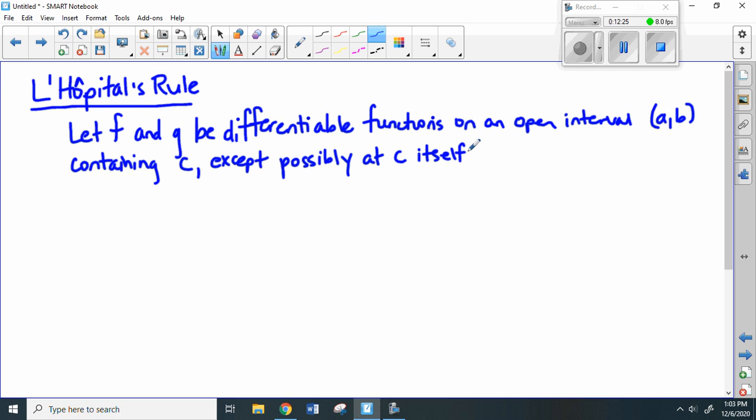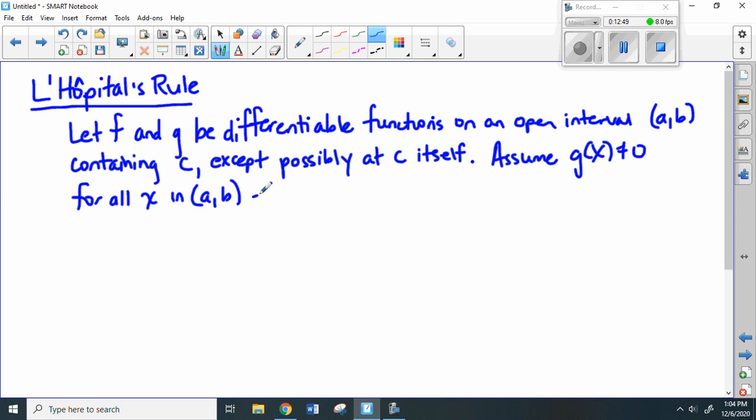That means they have to be differentiable everywhere except maybe the exact point c. Assume g of x does not equal 0 for all x in that open interval except possibly at c.